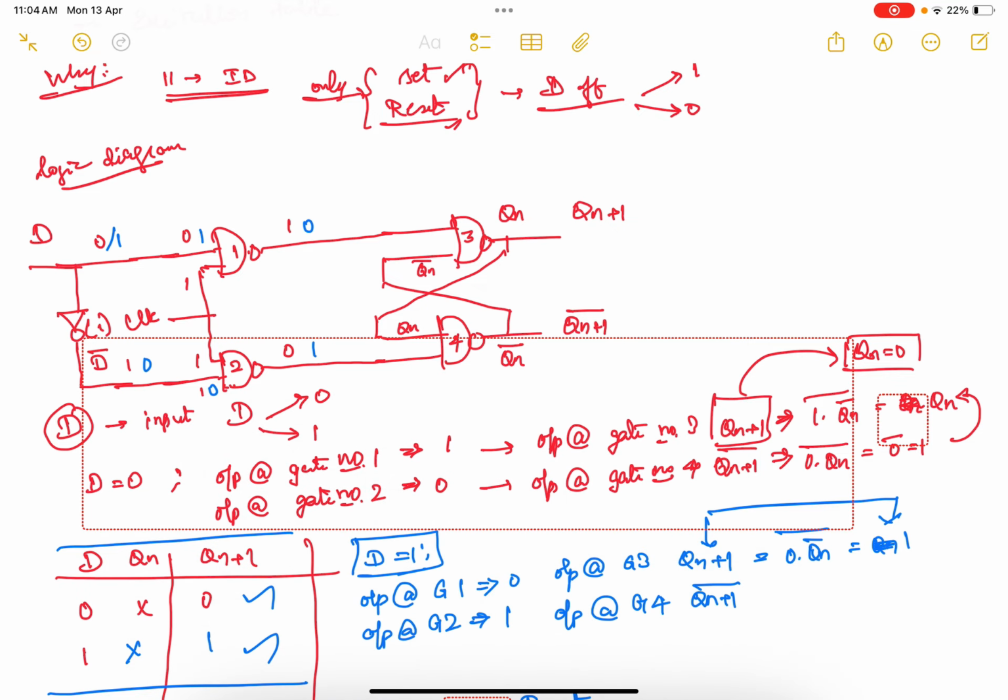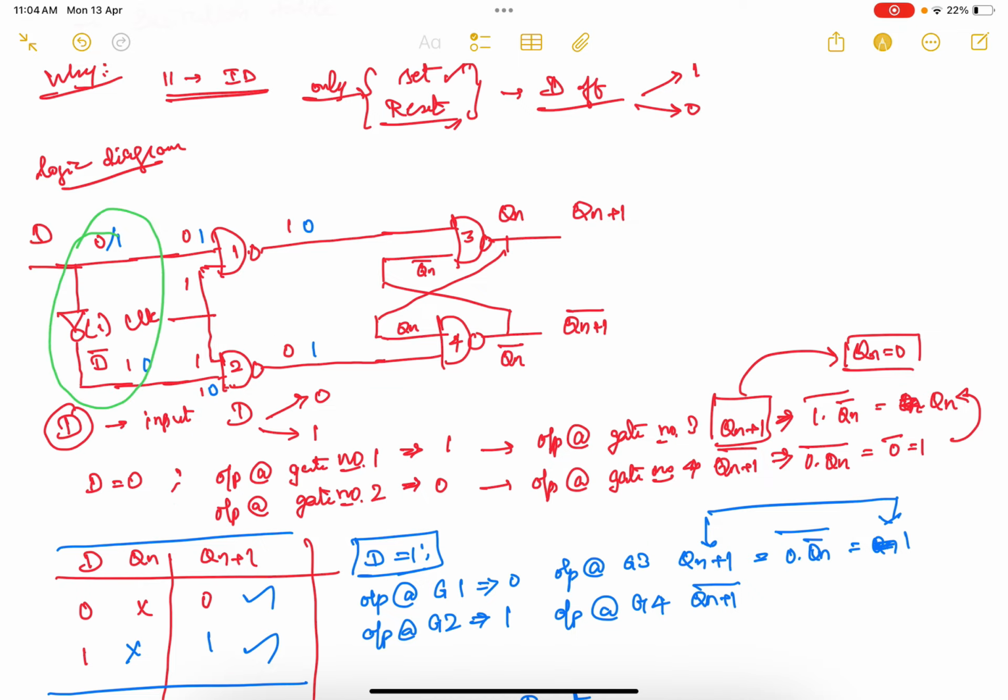The change is only in this region, in the green color. Focus on it: here I am going to add one more extra NOT gate.